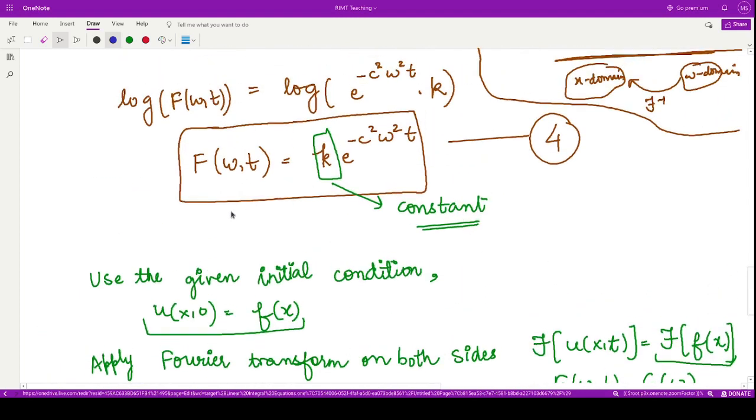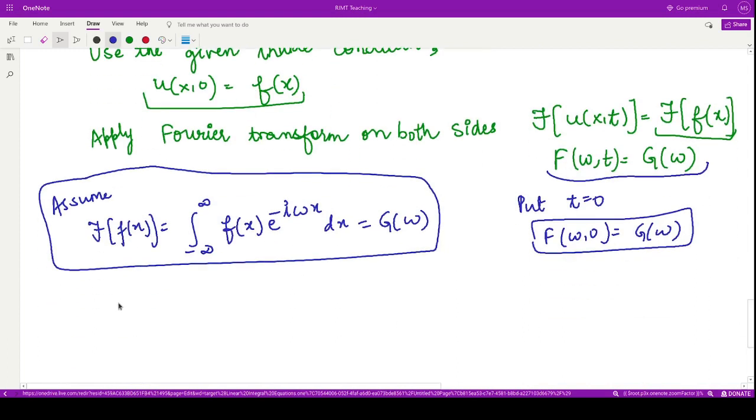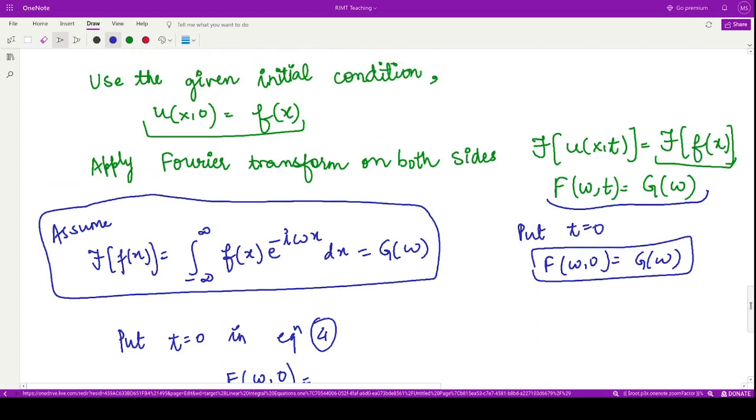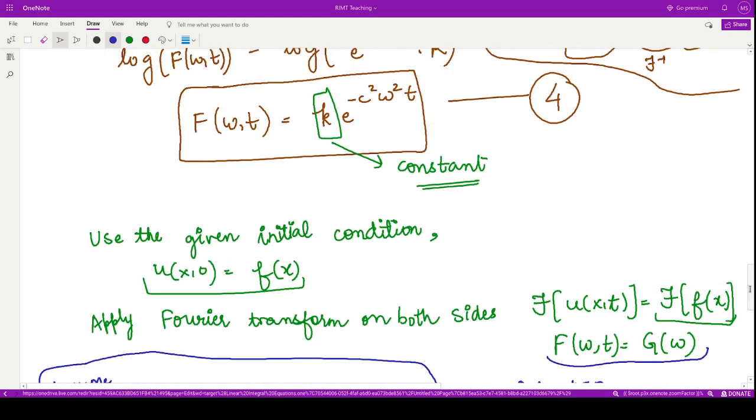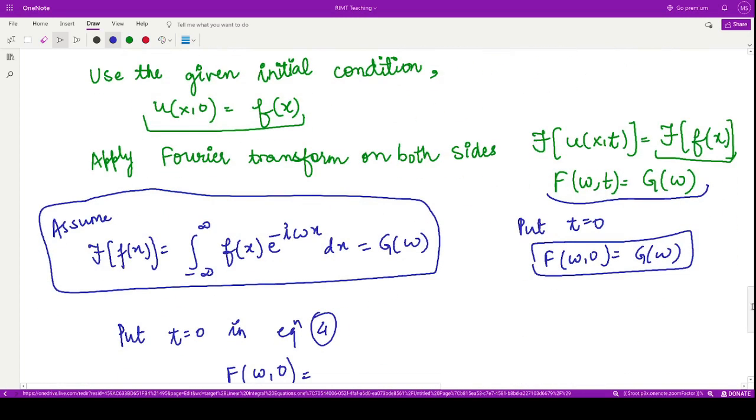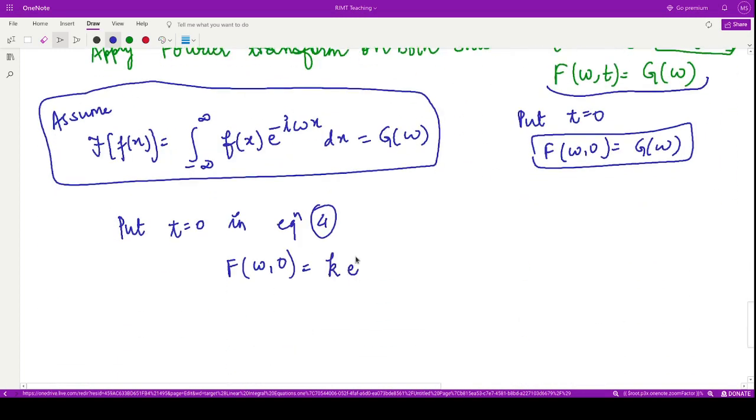And you can also use your solution. You have F(ω, t) equal to k e to the power minus c² ω² t. Substituting t equal to 0 in equation number 4, we will have F(ω, 0) equal to k e to the power minus c² ω² into 0.